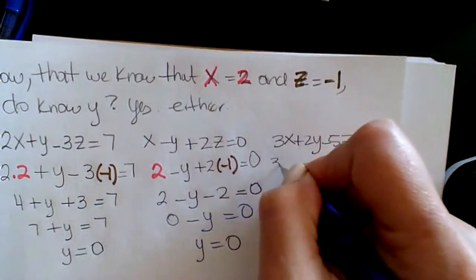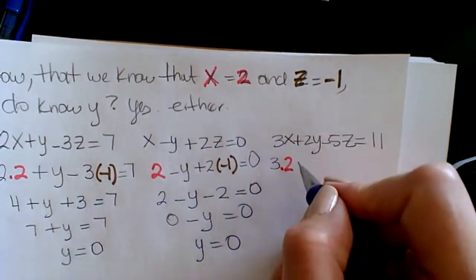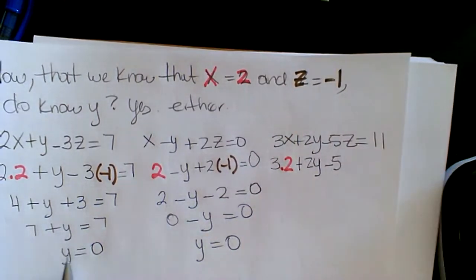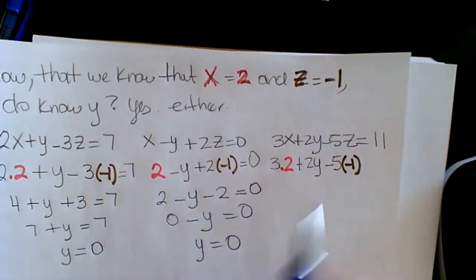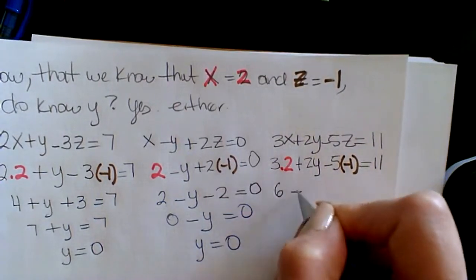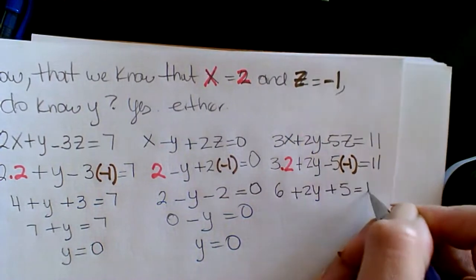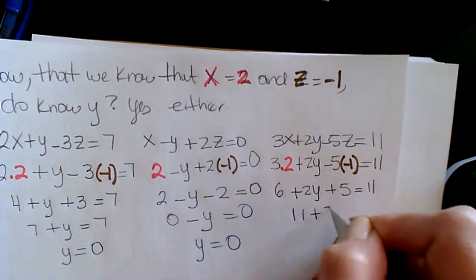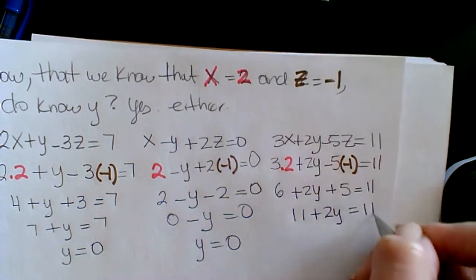Now, let's do the last one. This is 3 times 2 plus 2y minus 5, and 5 is going to be multiplied by -1. And that's equal to 11. So this is 6 plus 2y plus 5 equals to 11. 6 plus 5 is 11 plus 2y is equal to 11.